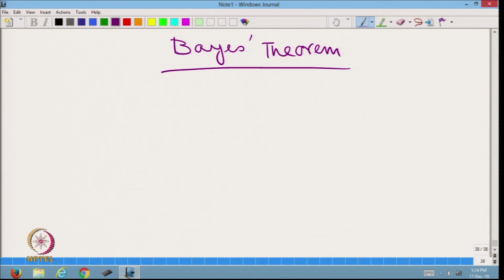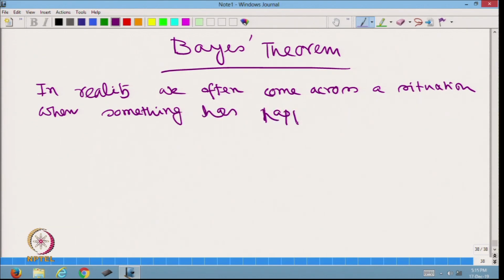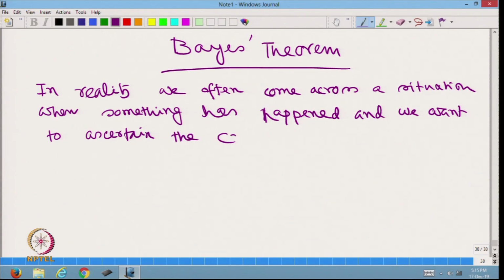In reality, we often come across a situation when something has happened and we want to ascertain the cause behind it. So, this is a very, very practical situation.